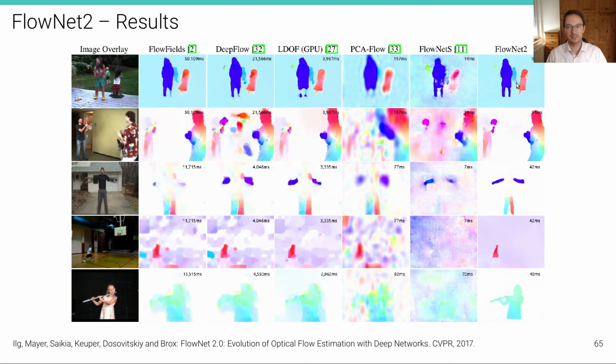And this leads to results that were state of the art in 2017. You can see some examples on the right. These are really challenging images. You can see a lot of textureless regions, and compared to classical methods, this learning-based approach was able to resolve some of those.